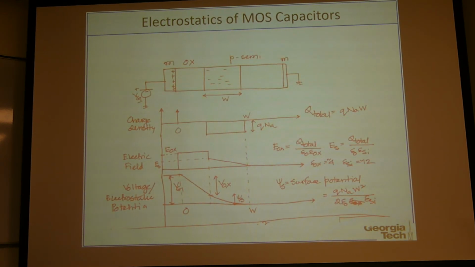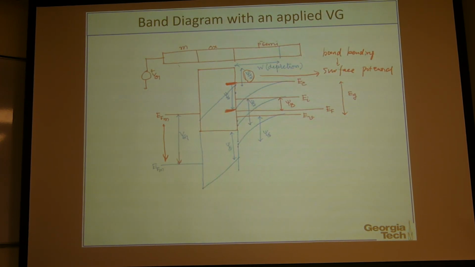Okay, so let's look at this. By the way, this depletion region starts where the band starts bending. So the depletion region is from the surface to where the band starts bending.